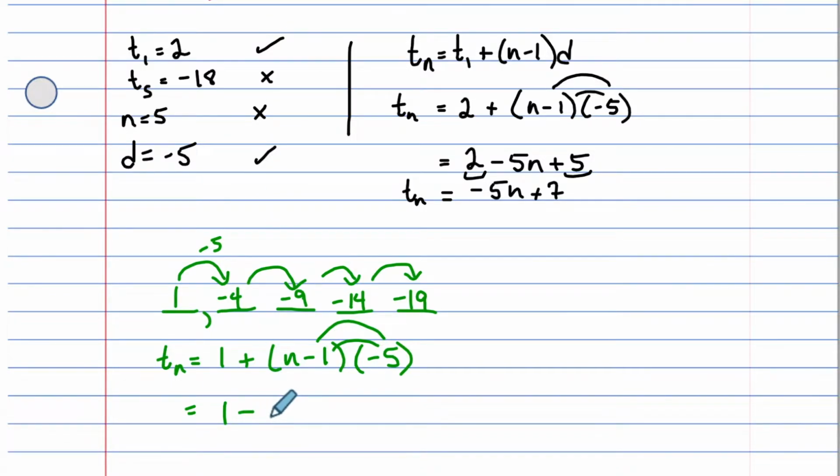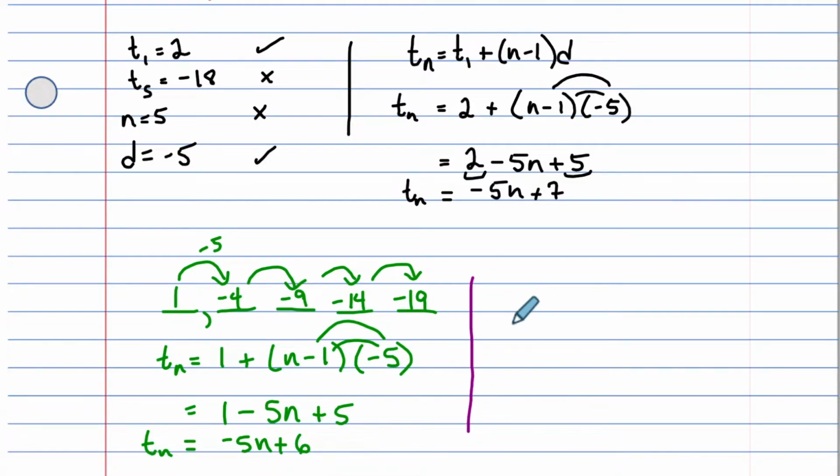We have -5n plus 5 equals -5n plus 6 for the general term. So it's a little bit different.